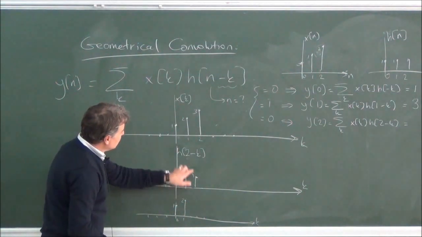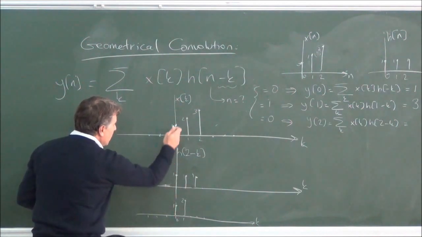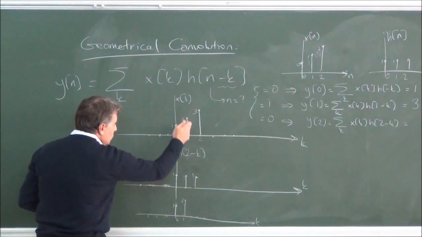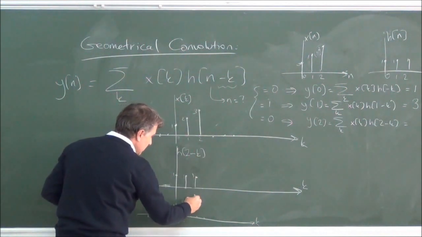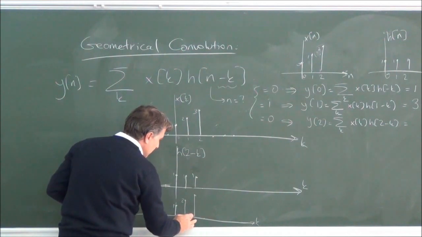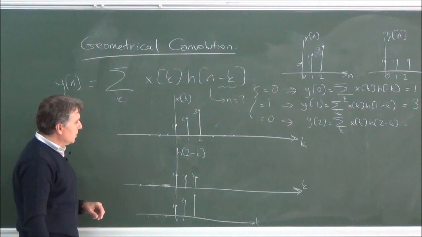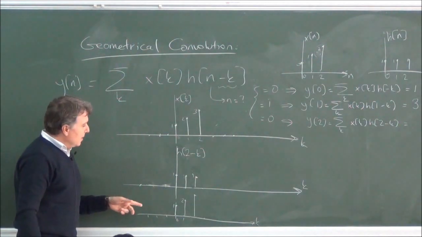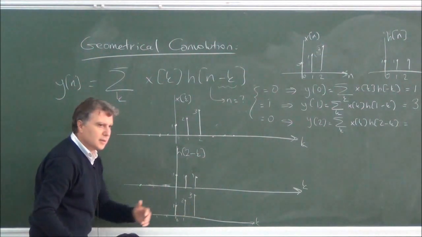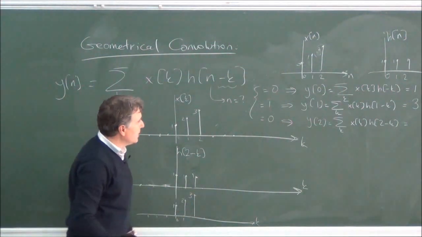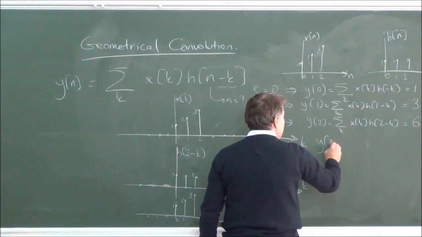And the multiplication of h of 2 minus k by x of k is 1 times 1 is 1. 2 times 1 is 2. 3 times 1 is 3. And then the others are not involved. There's nothing else anyway. So if you sum them up, what's the summation for all k's? 1 plus 2 plus 3 is 6. Let's continue.